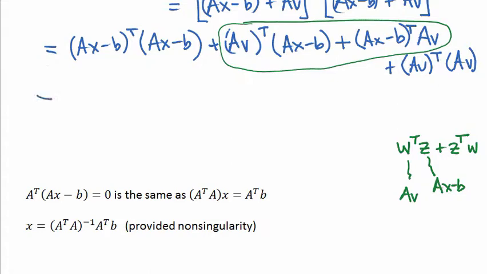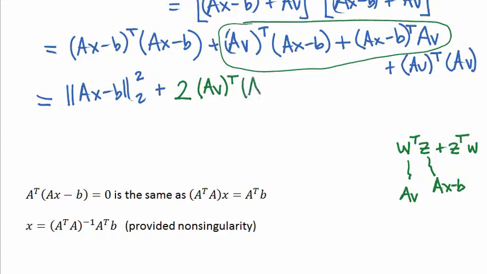So, with that in mind, the first term is clearly another norm, the 2 norm of AX minus B squared. The two middle terms are the same thing, so I'll write 2 times AV transpose times AX minus B. And then the last term is clearly a norm again.